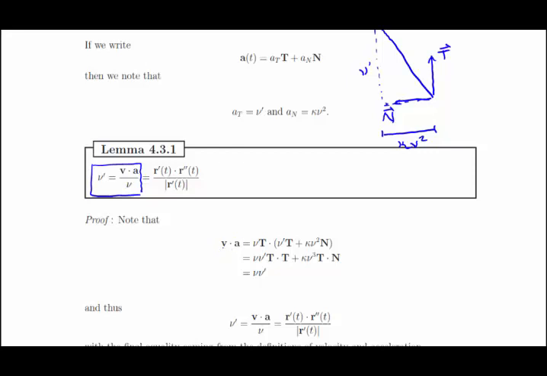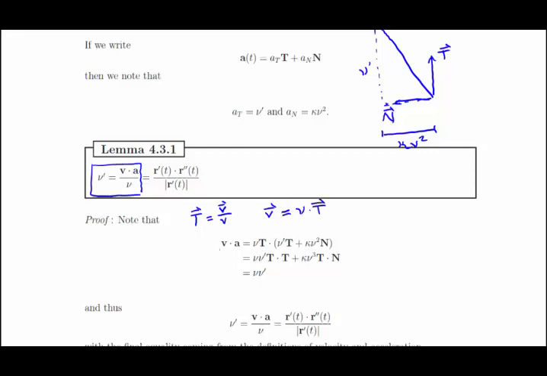So the velocity vector function dotted with the acceleration function equals, well, we know that the unit tangent function equals the vector function over the magnitude of v, and if we rearrange that again, then we get v, the vector for the velocity, equals little v times the unit tangent function.